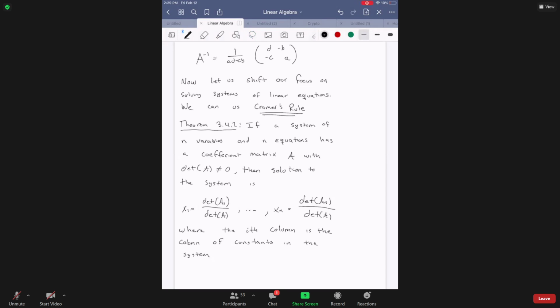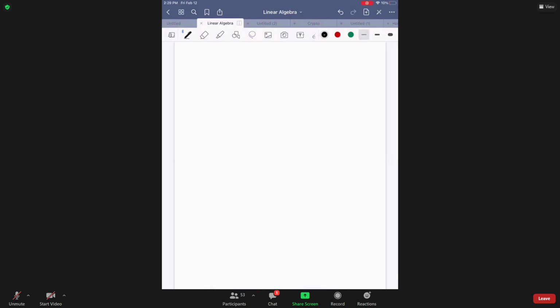So let's do our last example of this section, 3.4.3. Let's solve for x only. I'm not going to do every single one.